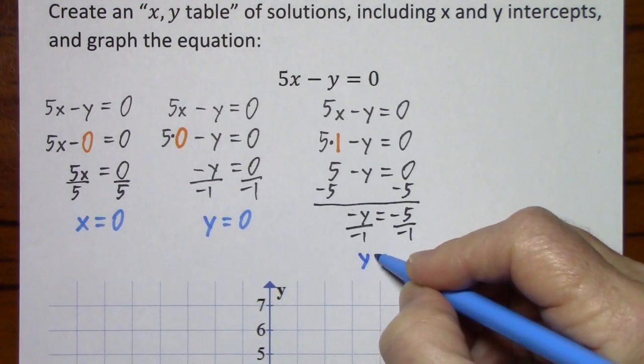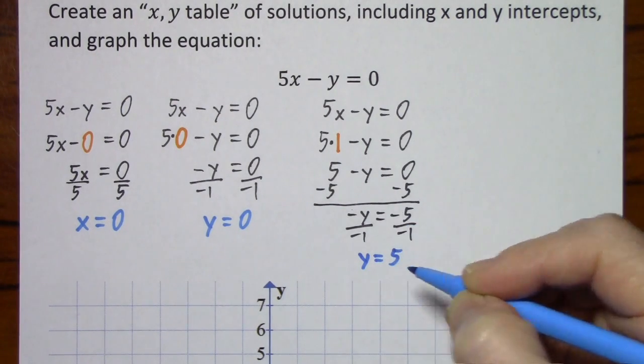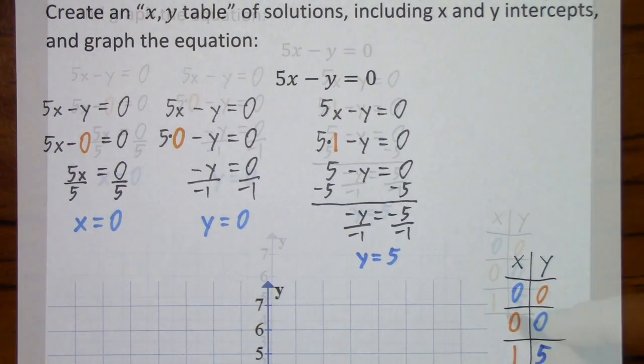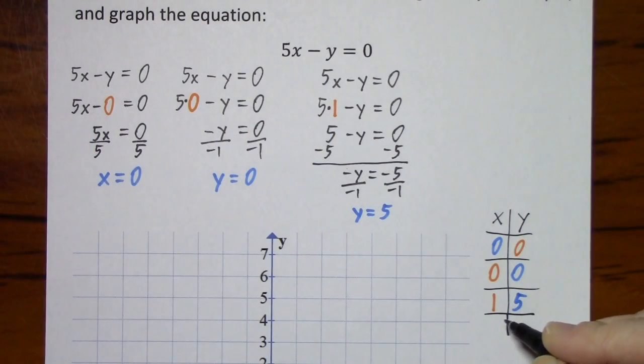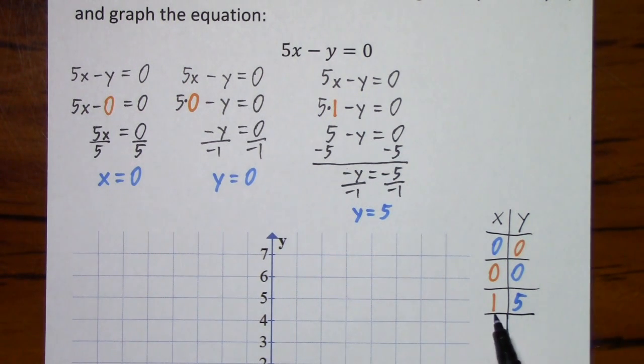And we have y is equal to 5. Negative divided by negative gives us our positive 5. Put that in our chart. So I'm going to pick one more value and find a point. So when x was 1, that worked out pretty well. Let's try x is negative 1.